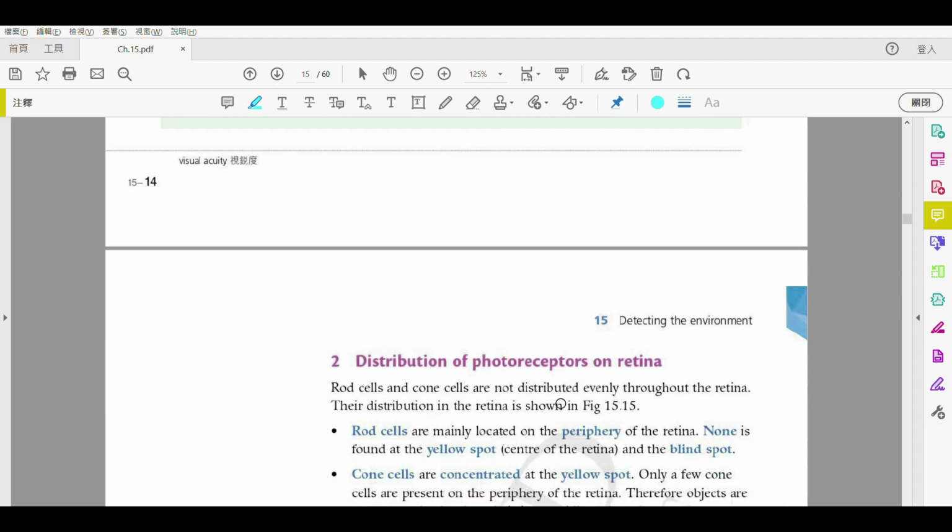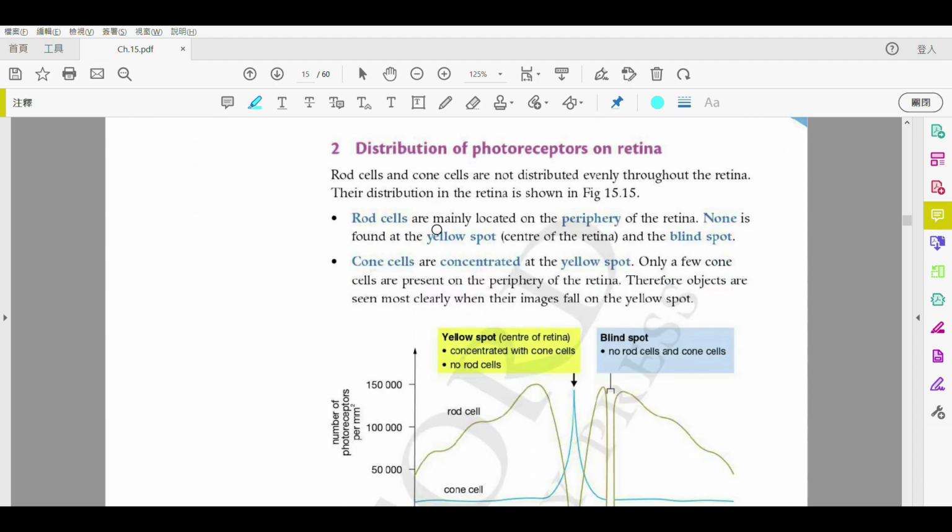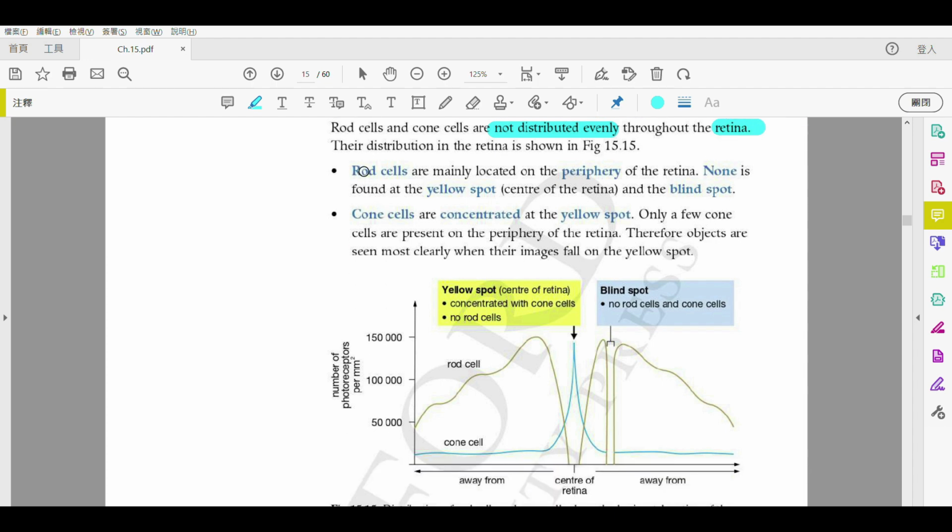Okay, so and then the last part I would like to talk about is the distribution. 佢哋嘅分佈啦. So they are not distributed evenly. Evenly 代表平均嘅. Okay, so they are not distributed evenly throughout the retina. For example, where are they distributed? Rod cell for black and white vision.